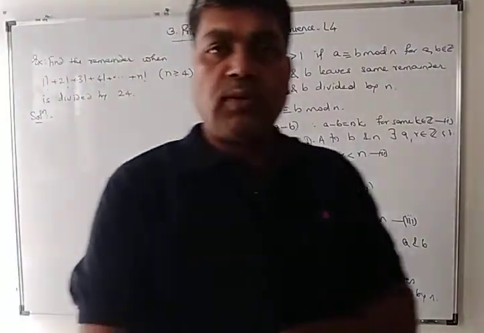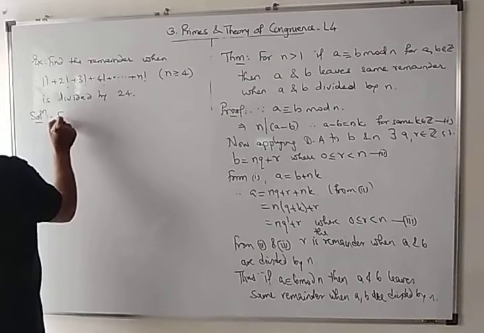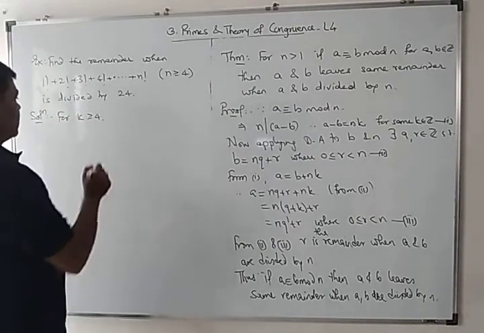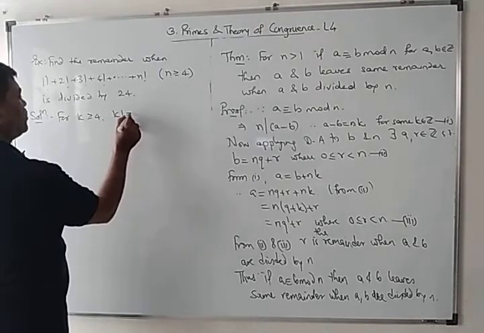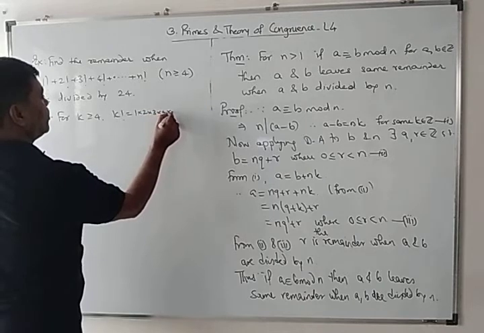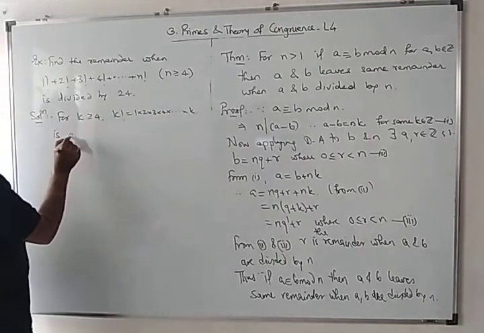For k greater equal 4, k factorial is equal to 1 into 2 into 3 into 4 into, up to k, is divisible by 4.